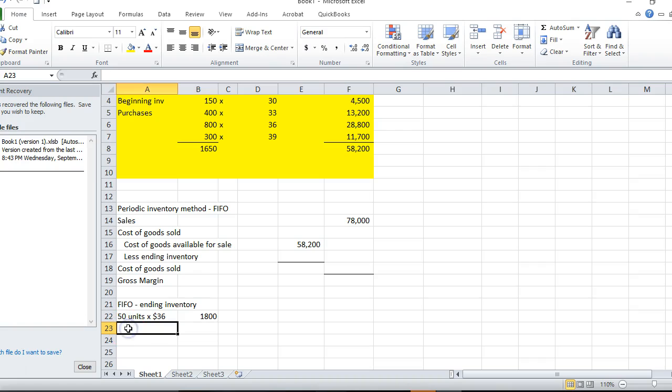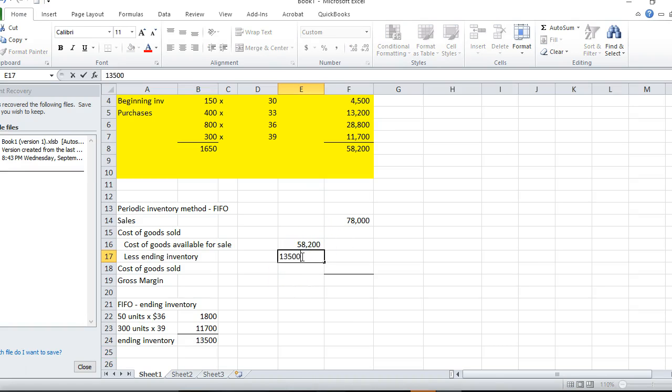1,800, and it has 300 units at 39 bucks, or 11,700. So our ending inventory is $13,500, isn't it?